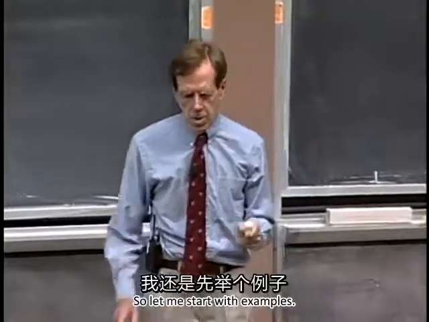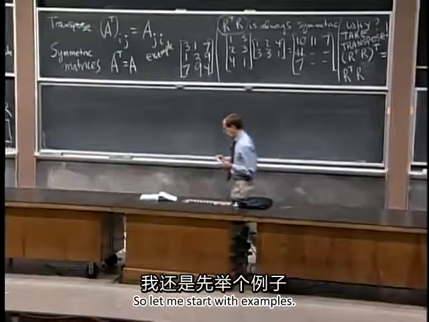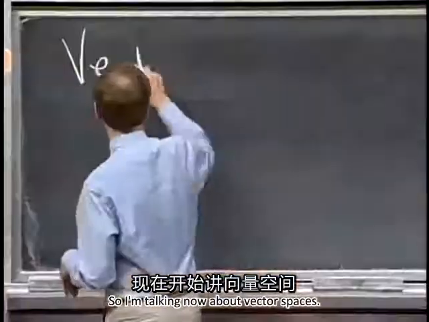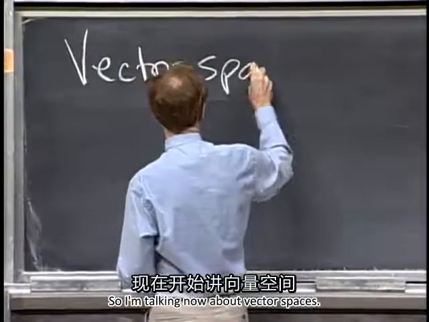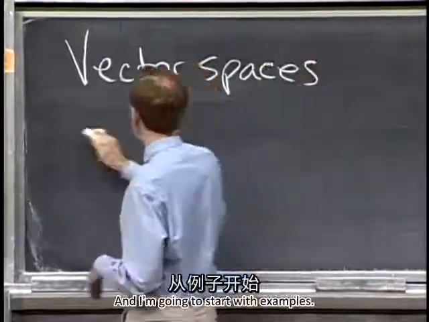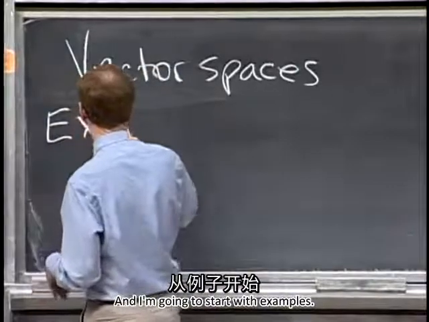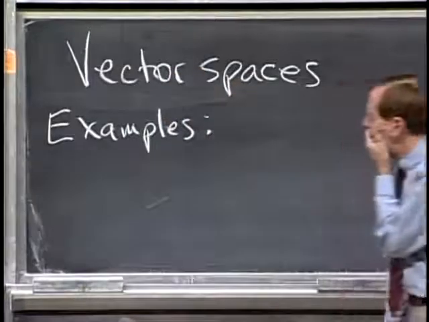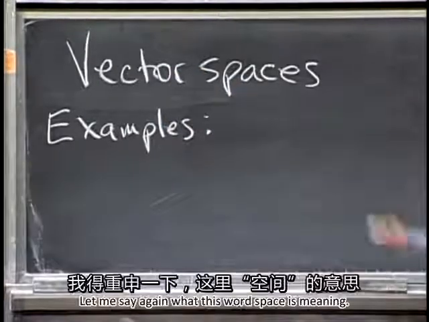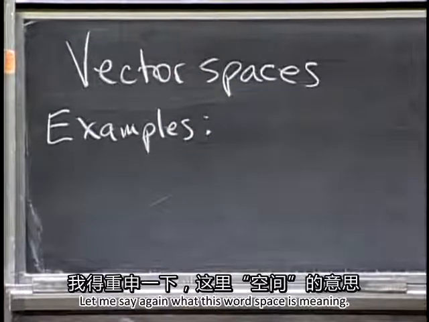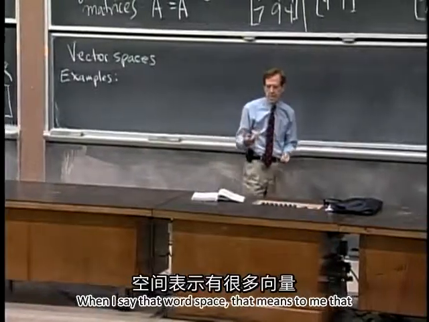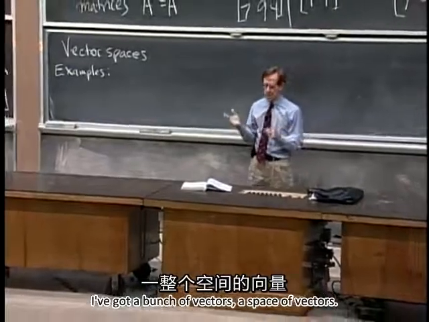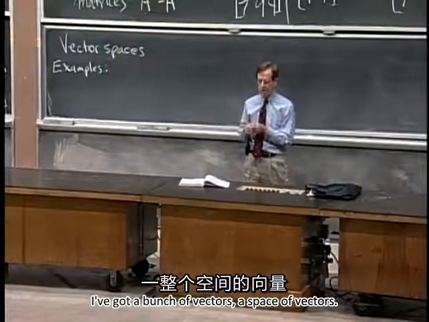Okay, so let me start with examples. So I'm talking now about vector spaces. And I'm going to start with examples. Let me say again what this word space is meaning. When I say that word space, that means to me that I've got a bunch of vectors, a space of vectors.